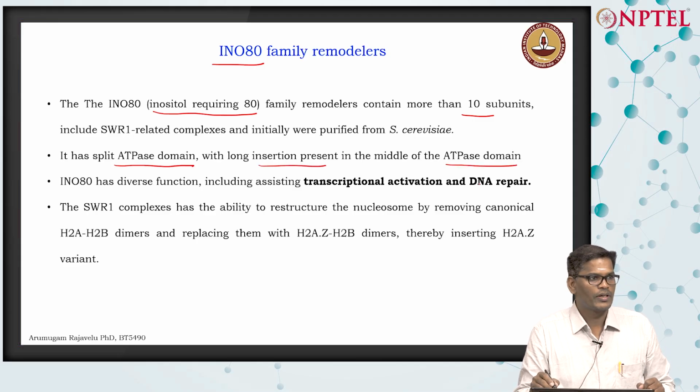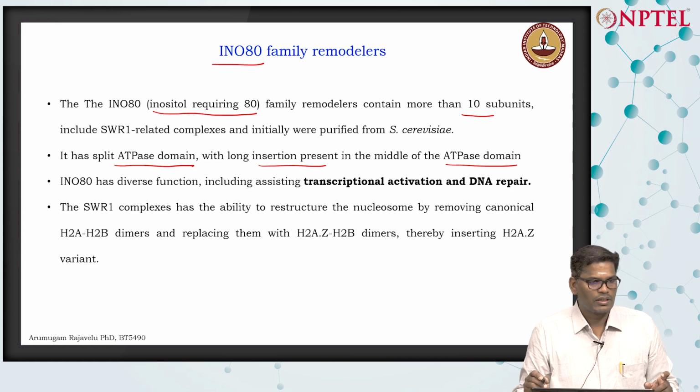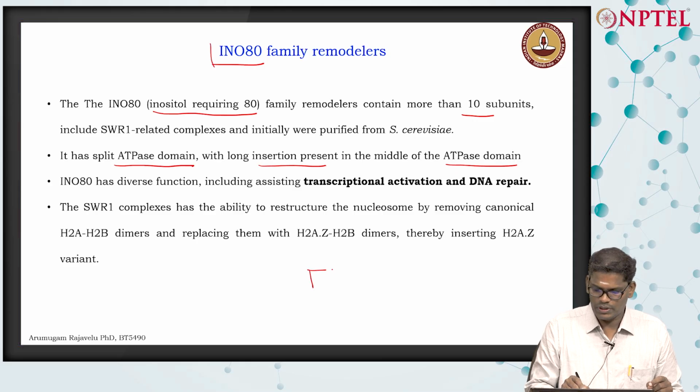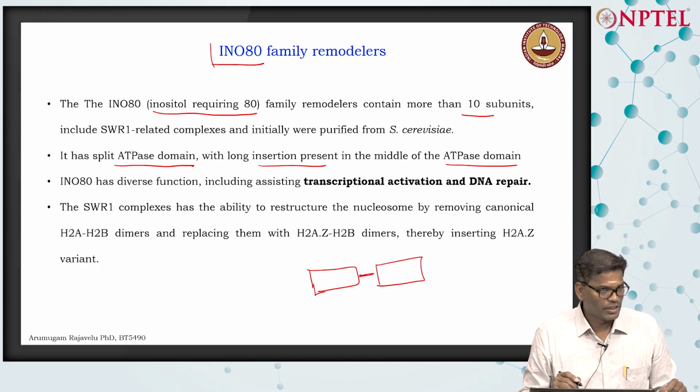That's very unique compared to the other 3 families. The other 3 families have a single ATPase domain. This is the only family where the ATPase domain is split like this, with insertion sequences, but it still performs the ATPase activity or ATP hydrolysis for the chromatin remodeling.